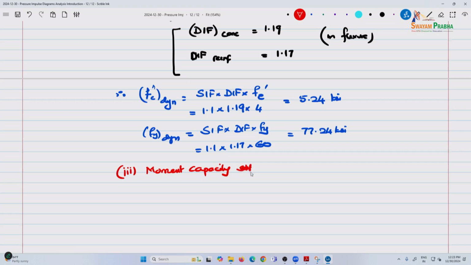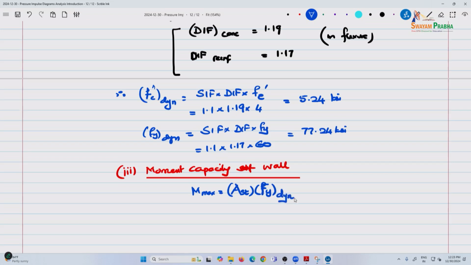So the moment capacity of the wall is given by the following expression: M max is the area of steel multiplied by the Fy dynamic, basically the force, multiplied by the effective depth. This is the effective depth, the depth from the compression face to the center of the steel.